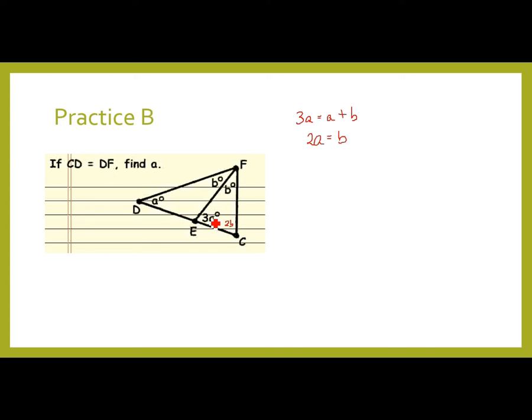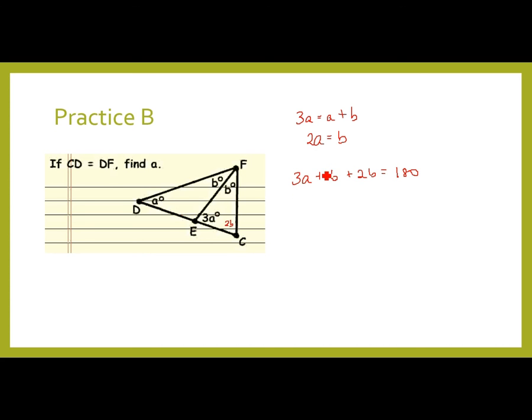So we'll be able to use that to substitute. Then we could use for our second equation this triangle here, which would be 3a plus b plus 2b, just using those angles from the triangle, and that will equal 180 degrees because it's a triangle. Like I said, there are a few ways you could do that, but that's one of them.